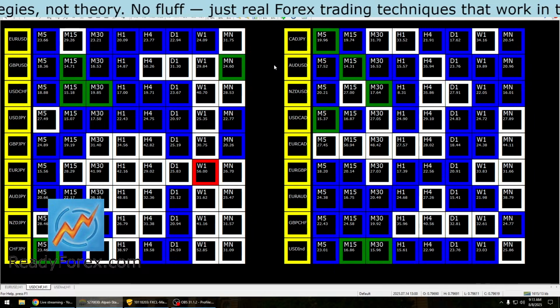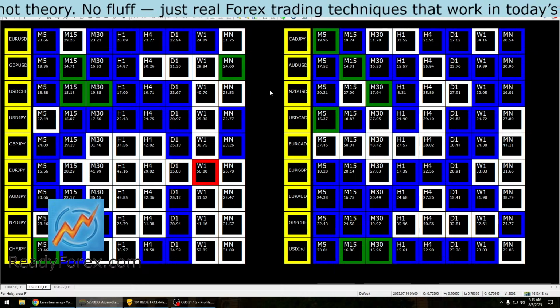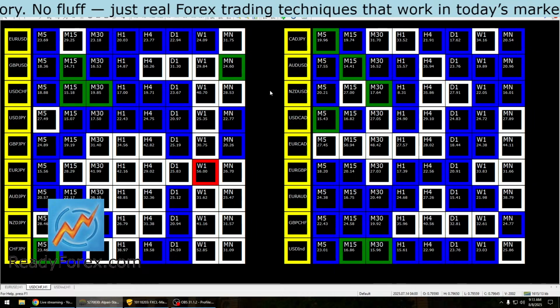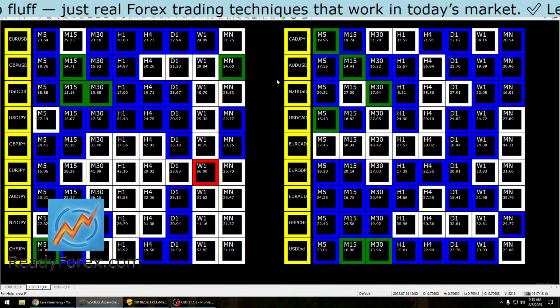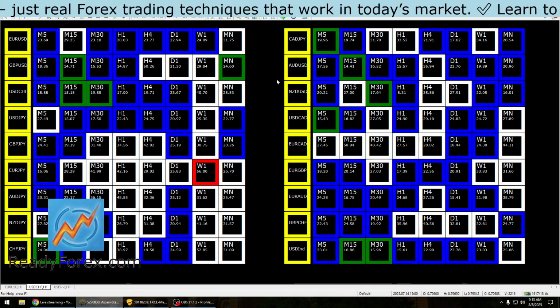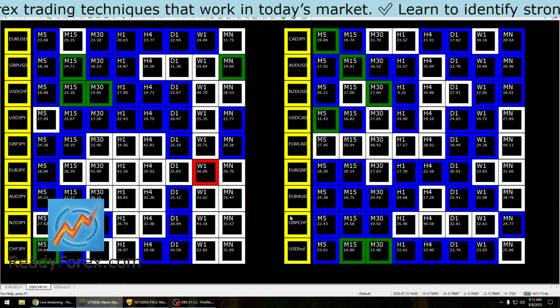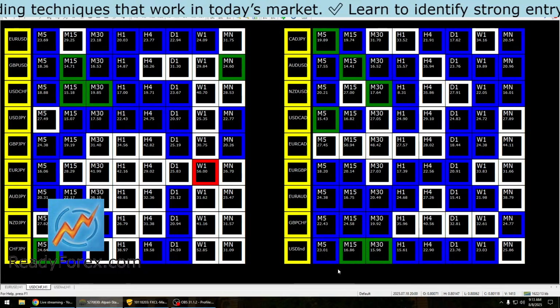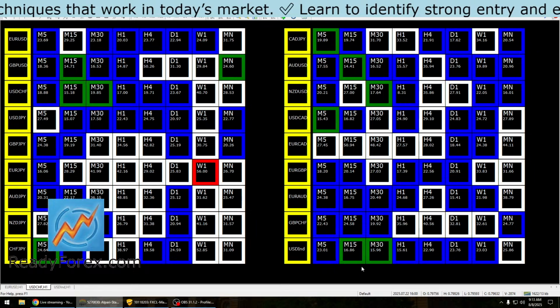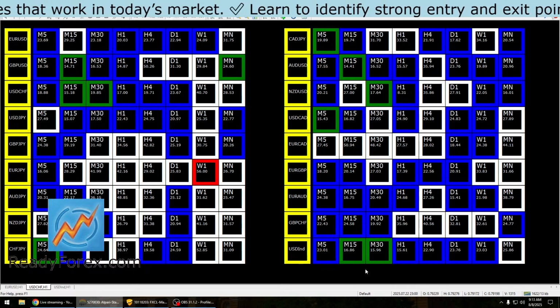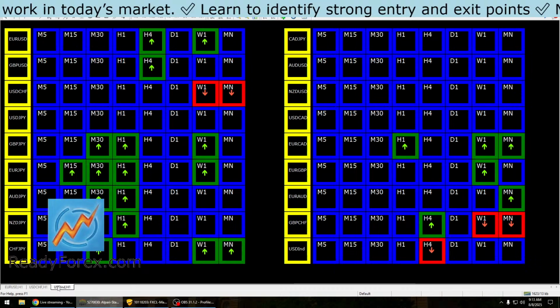Let's see what else. AUDUSD and NZDUSD are also showing us a potential opportunity of a breakout, probably on Monday. And the US dollar index is also moving in some sort of a trading range. Okay, let's check out some other stuff.